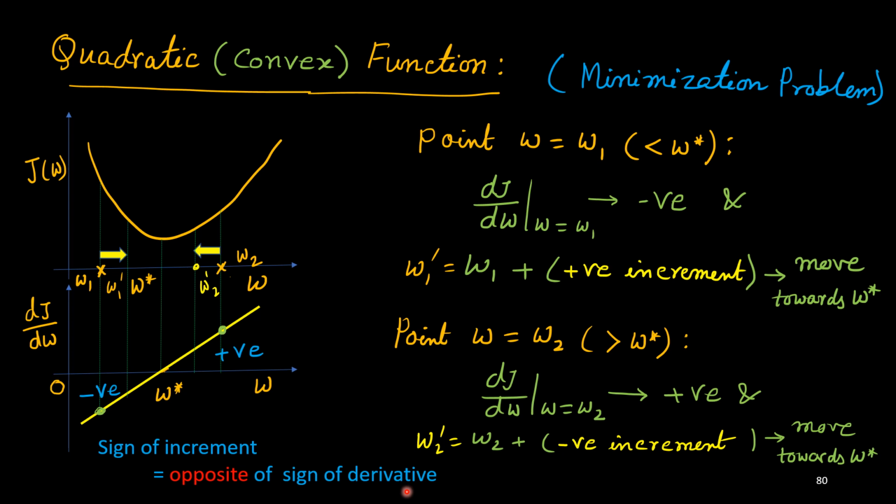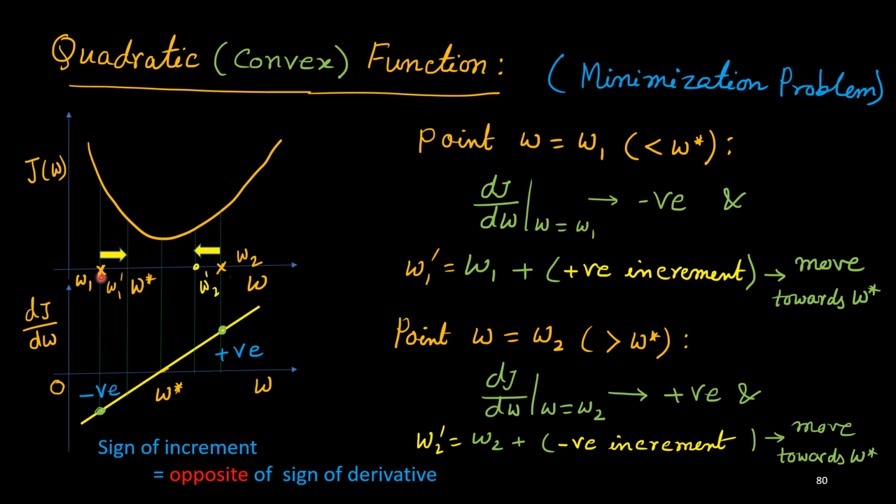That is confirmed. And this is very obvious, because when the derivative is positive, like at w2, the function value is increasing toward the right side of w2, so we need to reduce the value and move to the left side of w2.